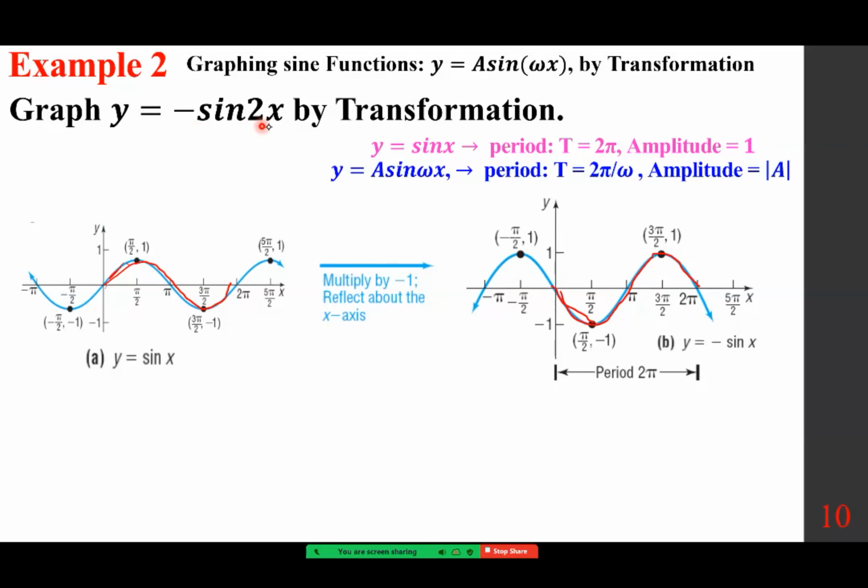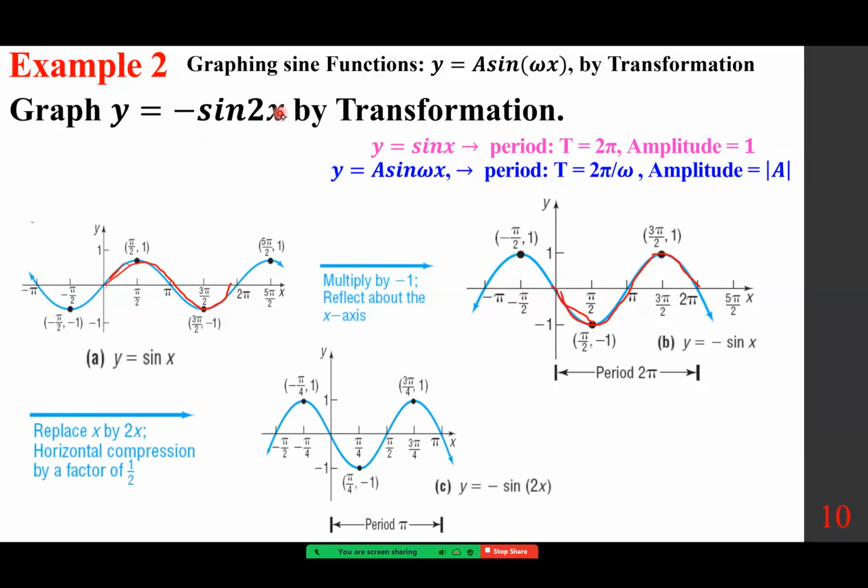And then we have a factor of 2. When you replace the x with 2x, that means horizontal compression, the other way around, by a factor of 1 over 2. And so what happens is that if you look here, we're going to go from 0 to pi. Now half of that, we go from 0 to pi over 2.